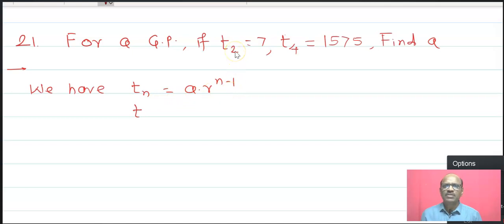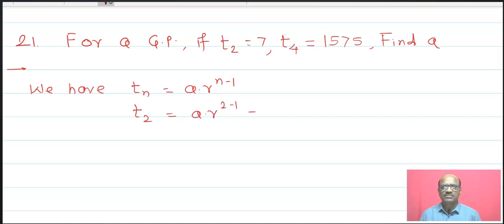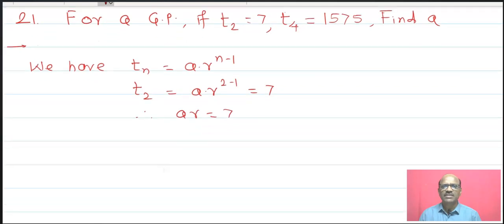Now in this formula we will substitute the value of n as 2 and the value of T2 is equal to 7. T2 is equal to A into R raised to 2 minus 1, that is AR is equal to 7. And the next is T4.